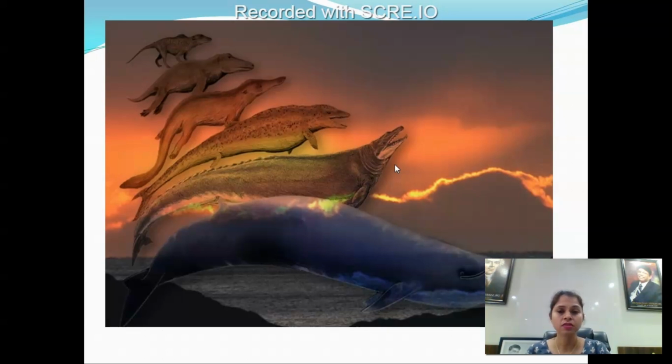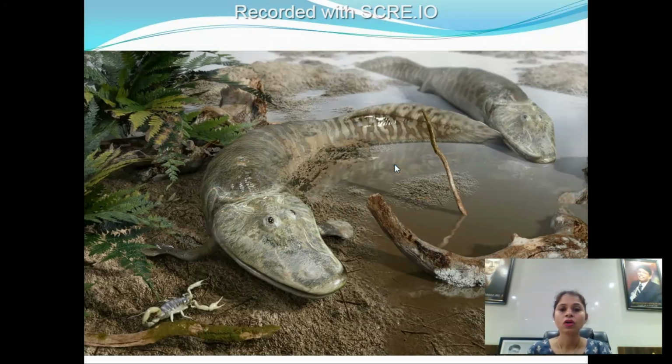So the creatures adapted, and this was the first creature whose fossils are being discovered, where they found that they survived on the marshy lands, but started developing feet, the locomotor system. As we all know, this is an adaptation to move here and there, but locomotion on the land was not that easy, remember.